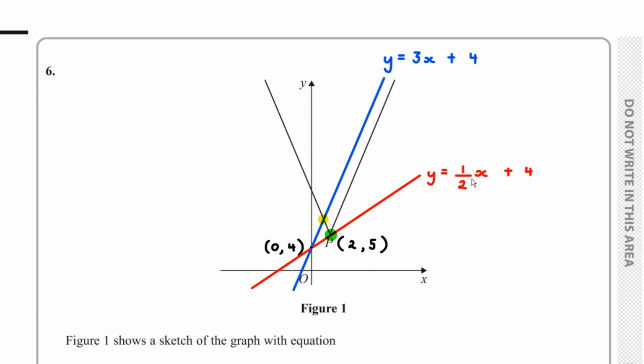So anything with a gradient 1/2 gives us 1 point of intersection, and anything with a gradient of 3 gives us 1 point of intersection. So for us to have 2 points of intersection, we need a gradient in between 1/2 and 3.